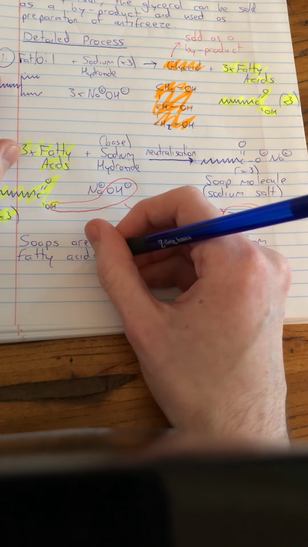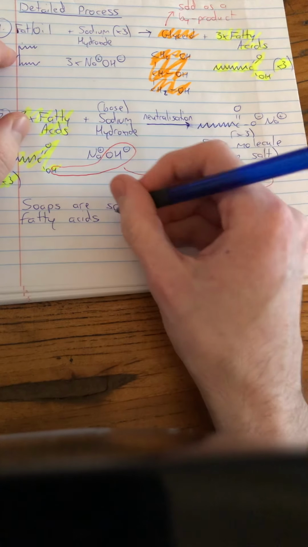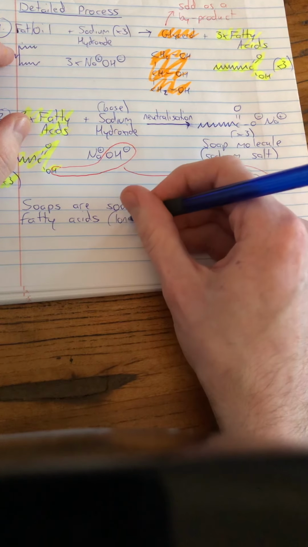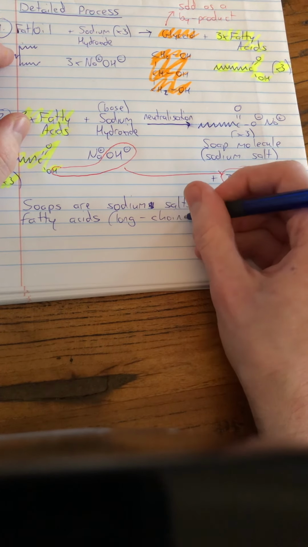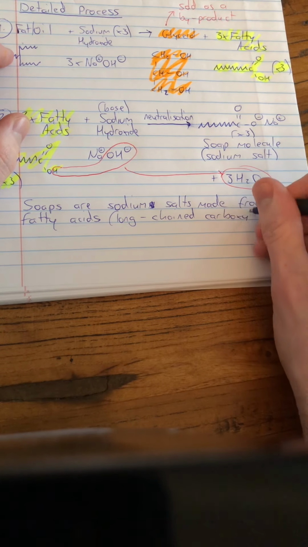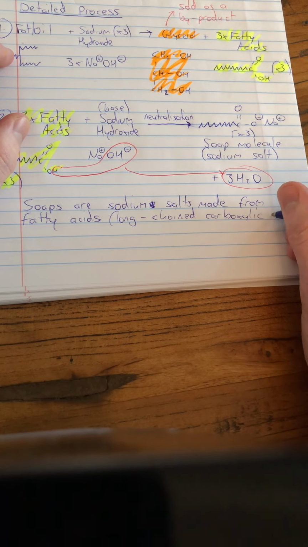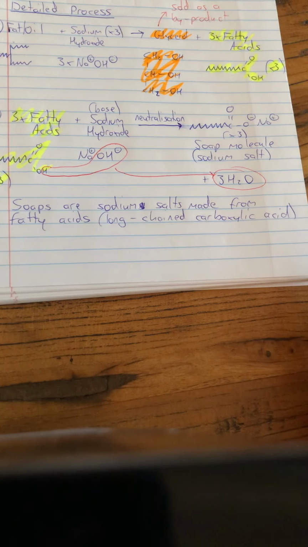Okay? Soaps are sodium salts of fatty acids. Now remember, a fatty acid, we've already spoken about this when we did fats and oils, but fatty acids are long chained carboxylic acids. Okay, that's what a fatty acid is.